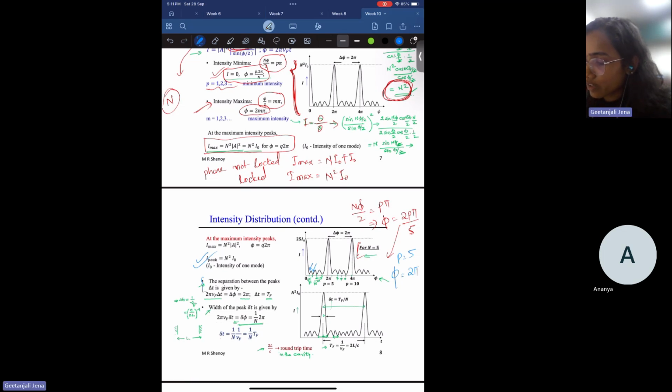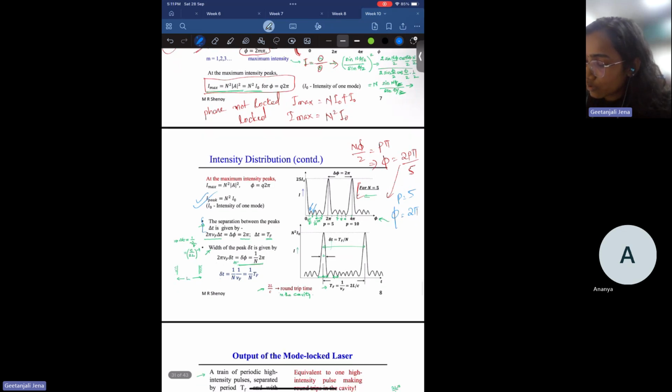And the separation between the peaks: if you want to find it, you can see the phase difference is 2 pi. That means 2 pi nu f delta t equals 2 pi.